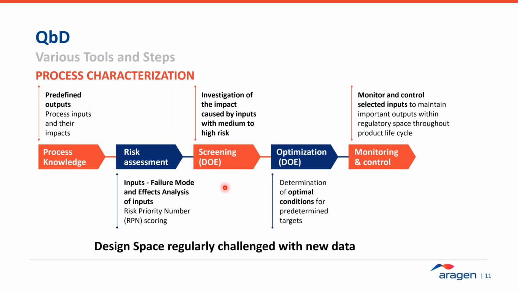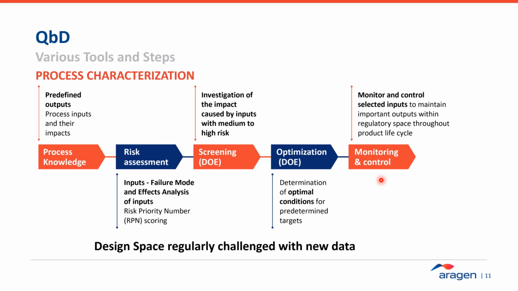Then we proceed with screening stage, where we investigate the impacts from inputs with moderate to high levels of risk. Subsequently, we fine-tune the parameters to achieve favorable objectives. And finally, we monitor and control important inputs to maintain the output within the regulatory space throughout the product life cycle.